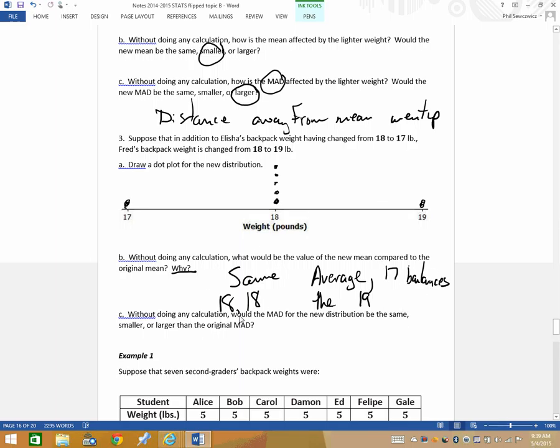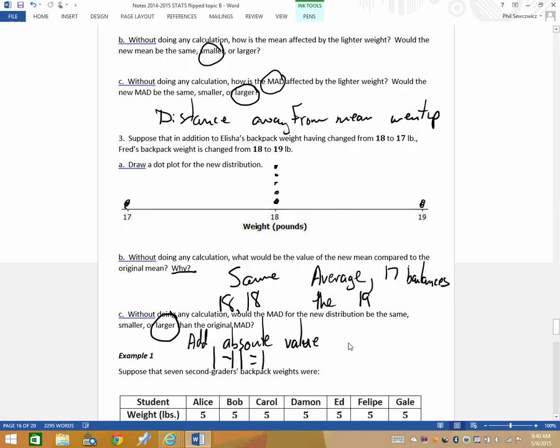So without doing any calculations, would the MAD for the new distribution be the same, smaller, or larger than the original? Well, once again, it is going to be larger, because let's think about it. To figure out the MAD, you need to add the deviations, you need to add the absolute values. So even though this is -1 away, the absolute value of it ends up becoming a 1.